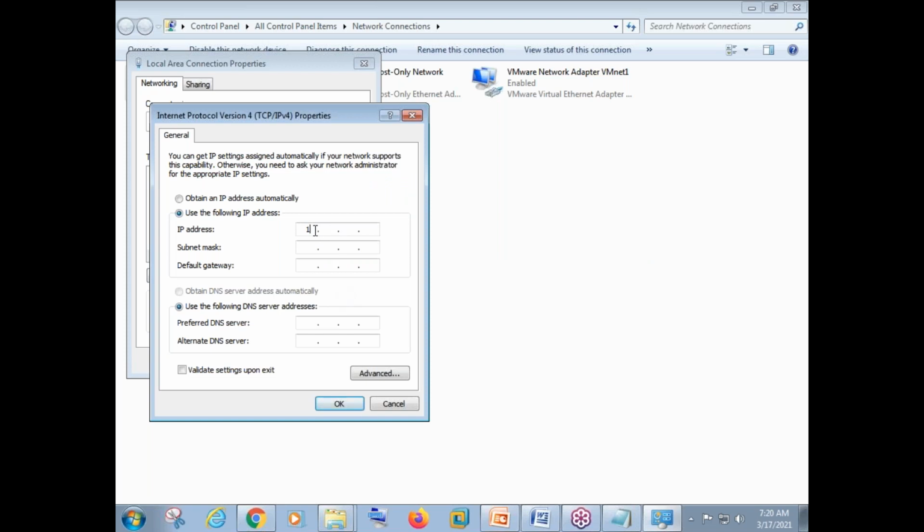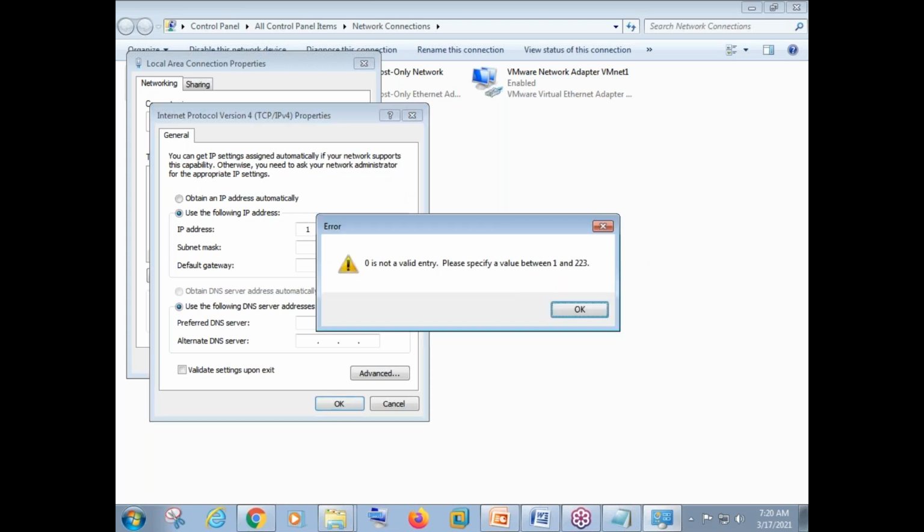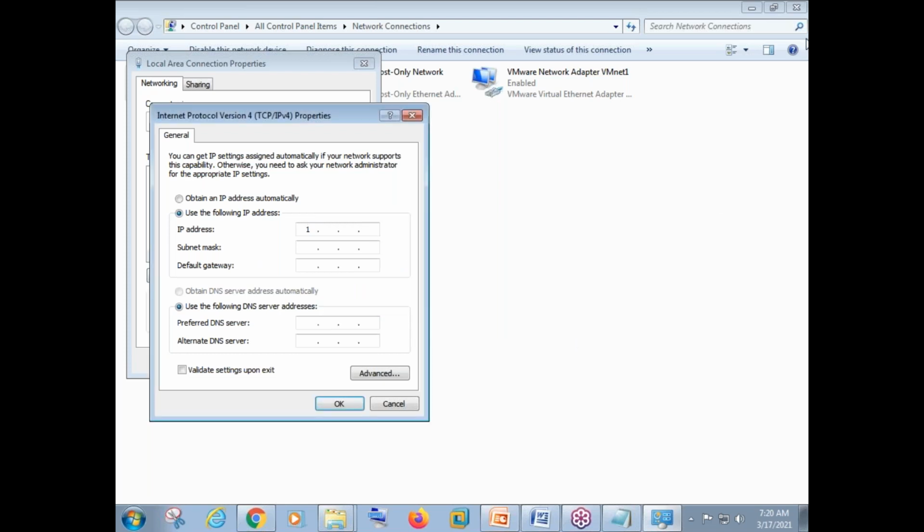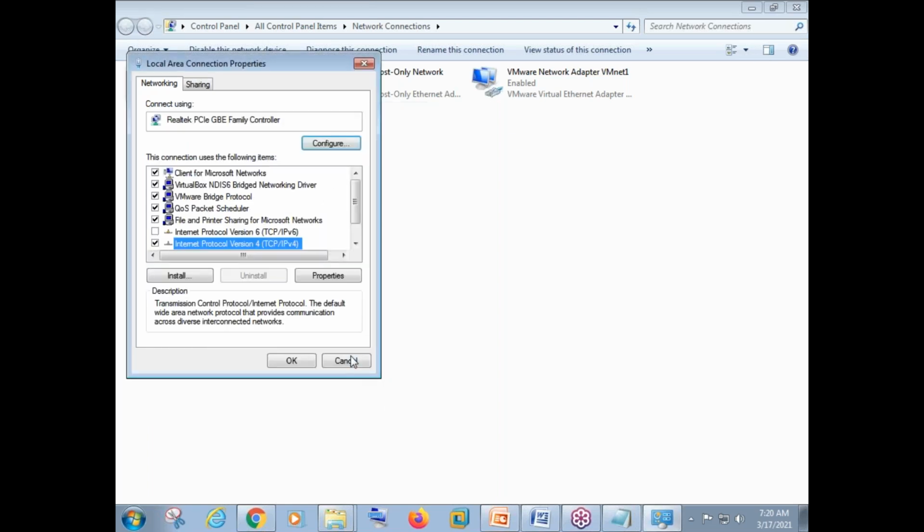And here if I say 0, again this is not a valid entry. Please specify a value between 1 and 223. So 0 and 127 we cannot use. And class D and class E numbers we cannot use.